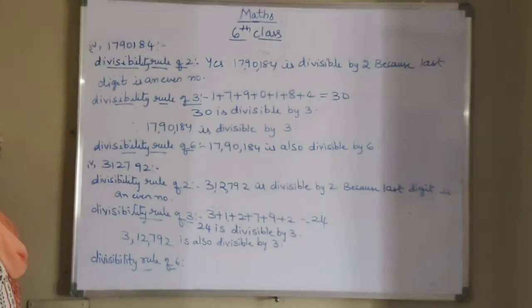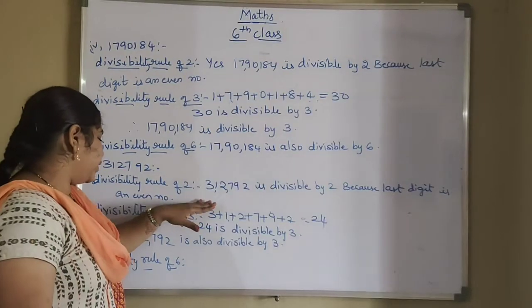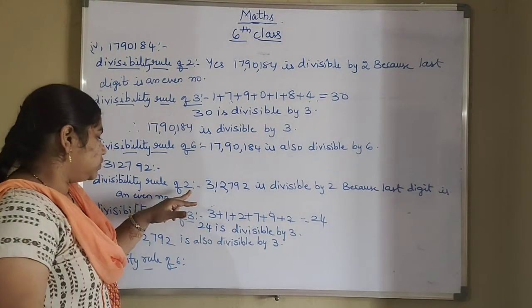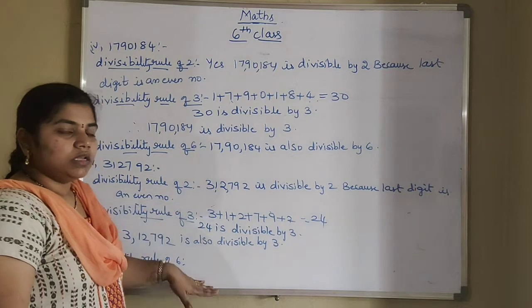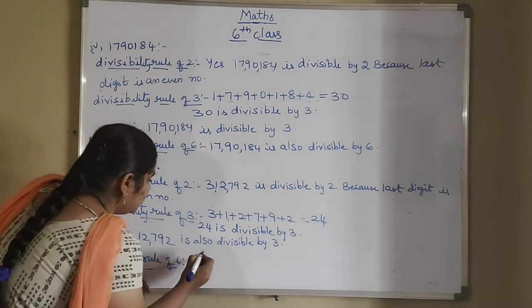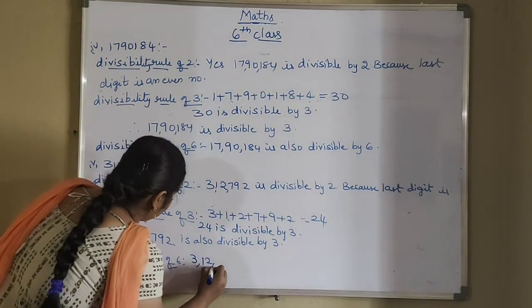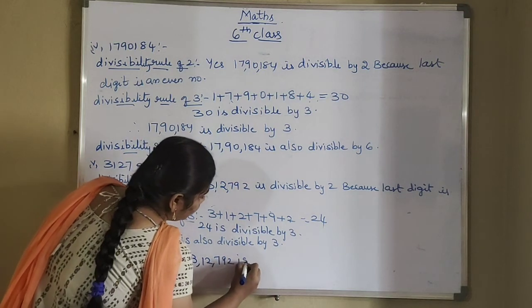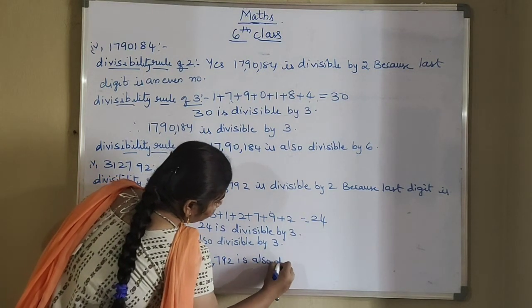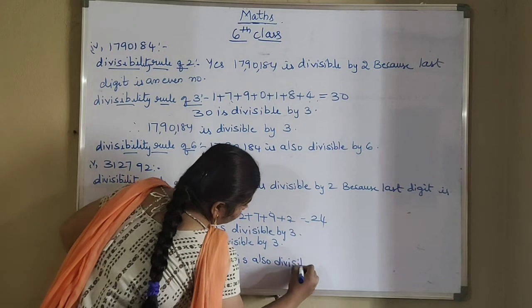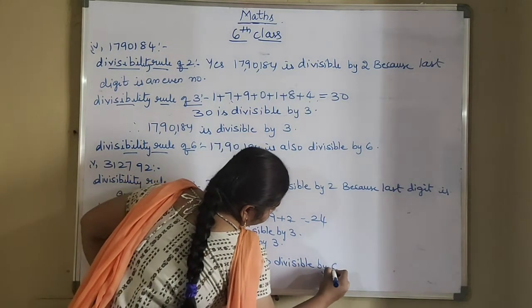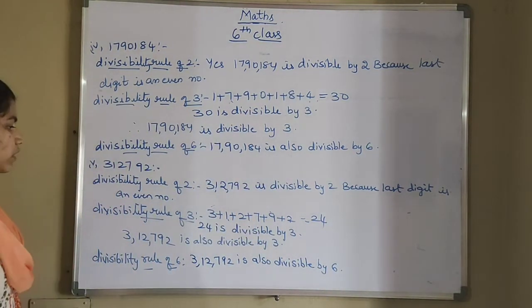So, what is the divisibility rule of 6? It should be divisible by 2 and also it should be divisible by 3. So, in both the cases it is divisible. So, 6 will also be divisible. So, 3,12,792 is also divisible by 6. So, this is our fifth one.